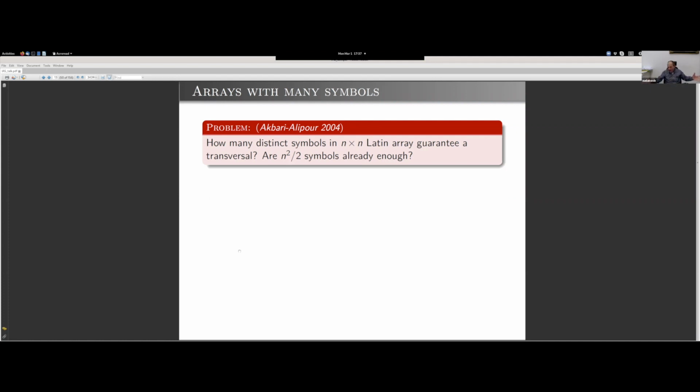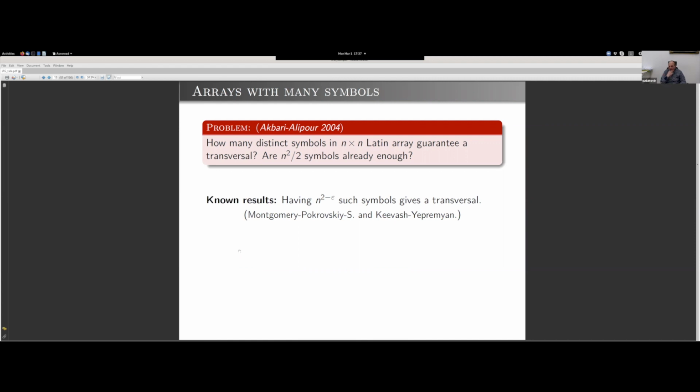If it has half of the different symbols, is this enough? So the result which I showed you on the previous slide allows you to answer the question in the following strong form. From the previous result, it follows that a Latin array which has n to the 2 minus epsilon symbols already has a transversal.